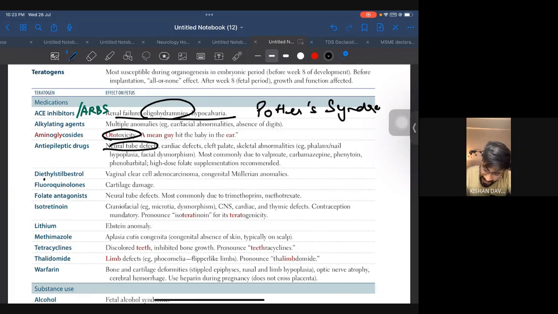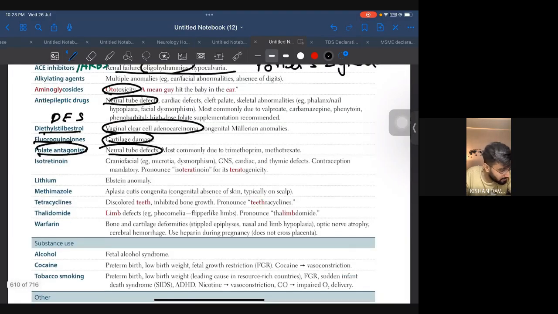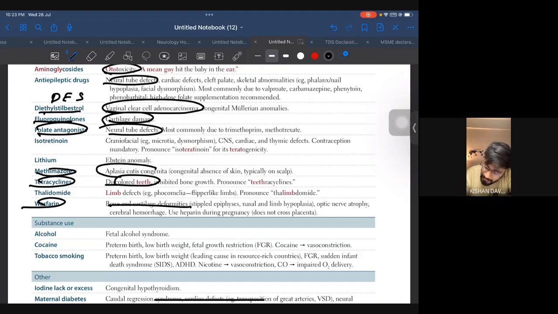Then with diethylstilbestrol, which is DES, here there is vaginal clear cell adenocarcinoma. Fluoroquinolones, cartilage damage. Folate antagonists, neural tube defect. And another one you have to remember, warfarin, bone and cartilage deformity. Then tetracyclines, discolored teeth. Methimazole, aplasia cutis. Lithium, Ebstein anomaly.